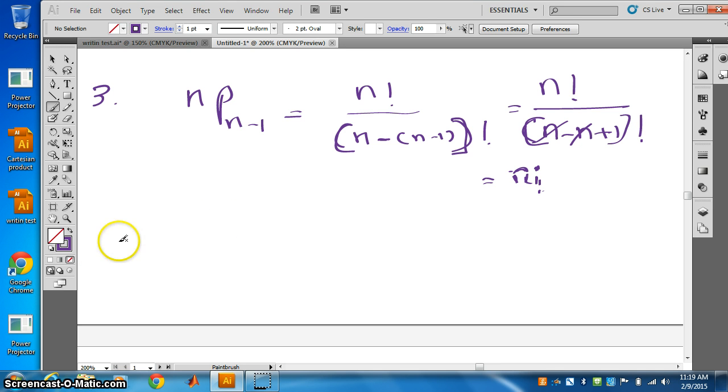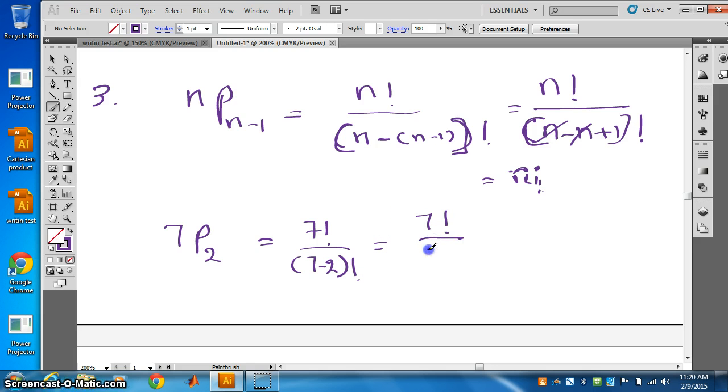See, let's try one. What is 7P2? This means factorial 7 divided by factorial 7 minus 2, which is factorial 7 by factorial 5. This we can write as 7 into 6 into factorial 5.